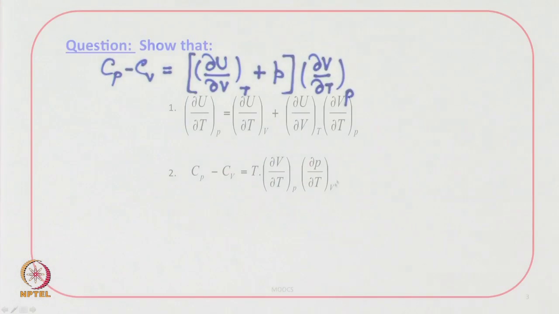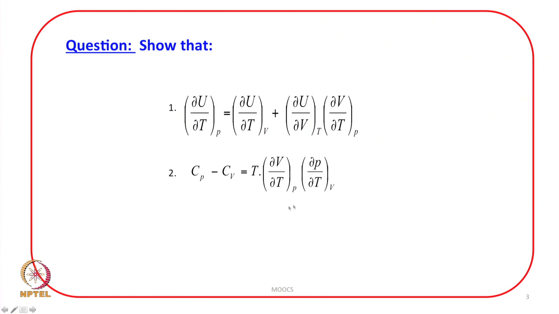And if you look at the slide, question number 2, the variation of volume with temperature at constant pressure is already there in the answer, but in the answer there is no separate pressure term, although the derivative is there. Therefore, we need to get rid of pressure.